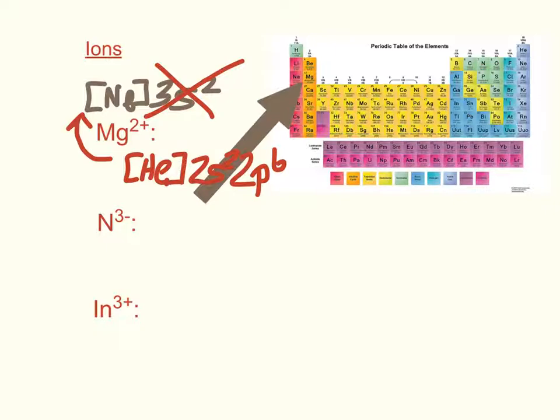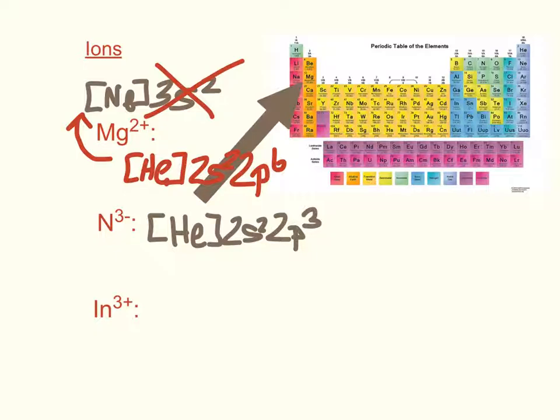So let's just do our regular noble gas configuration for nitrogen, just regular old nitrogen, the atom: He, 2s2, 2p3. So right now it's not too bad. The p suborbital is about half filled, but what we can do is add 3 electrons here, and it could be completely filled.